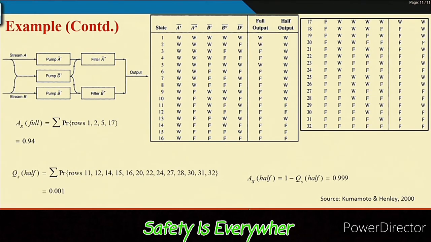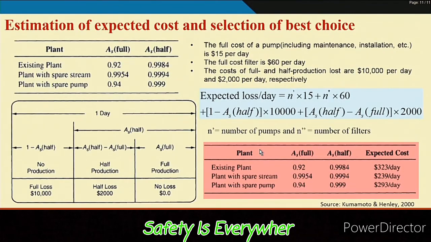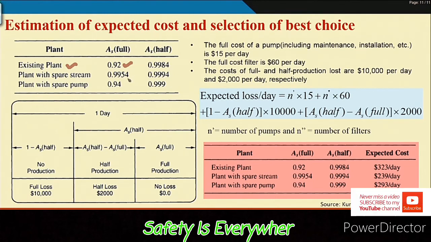So now we know the availability and unavailability for different systems, alternatives or choices. With some more data you can find out which one is the best. What we have found out so far: for the existing plant, the full availability probability is 0.92, with identical spare trim 0.9954, with spare pump 0.94, and similarly for the availability of half.